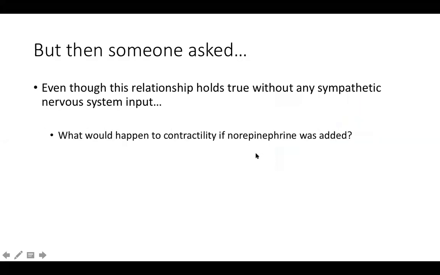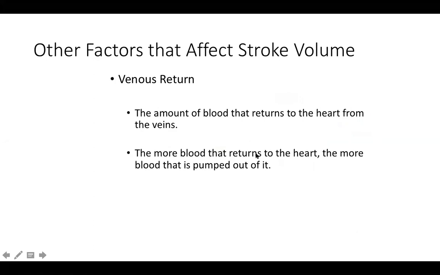Okay. So another factor that really affects stroke volume, and it's not really part of our equation where we have heart rate plus stroke volume, but it is something that will indirectly affect them, is something called venous return. It's the amount of blood that returns to the heart from the venous system.